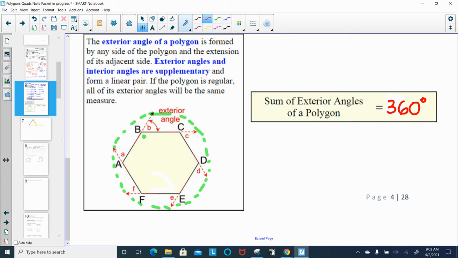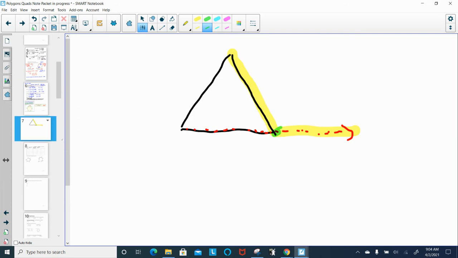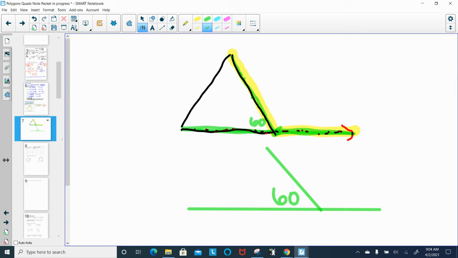Okay. Now, this is one other thing I want to show you. Exterior angles and interior angles are supplementary and form a linear pair. So let's go back to my triangle picture. Let's say that this was 60 inside. Well, what's happening here is this exterior angle and this interior angle are forming a linear pair like that.